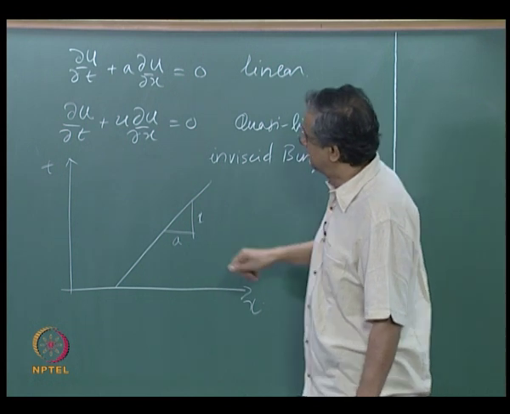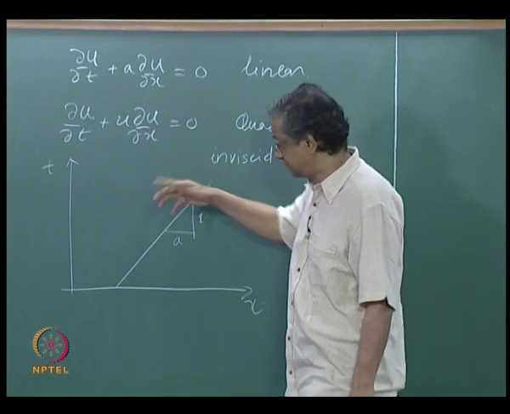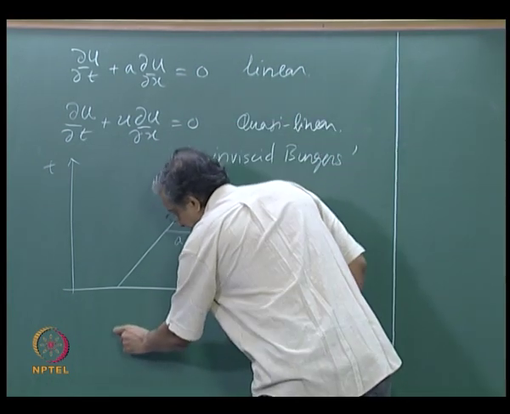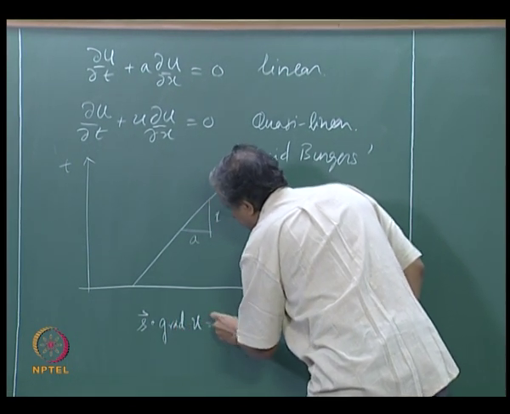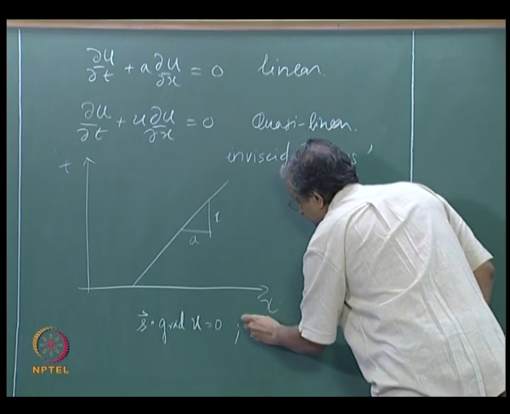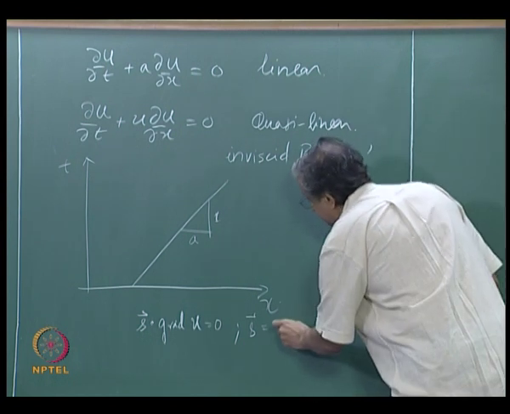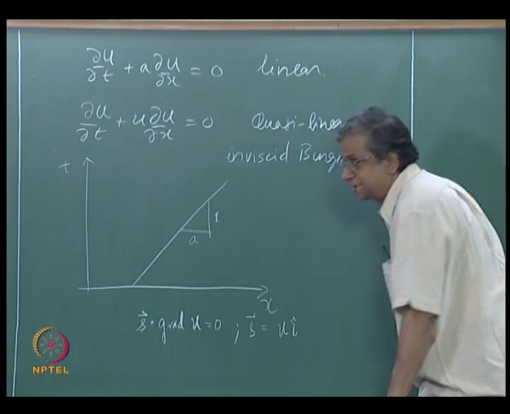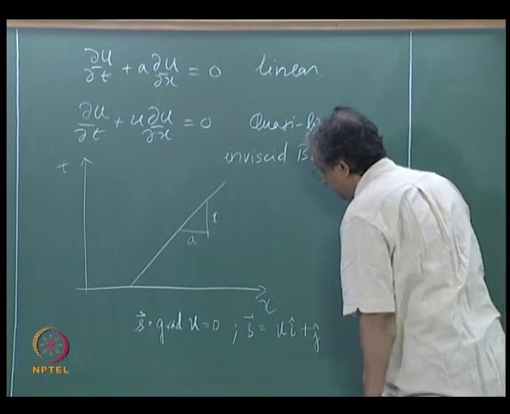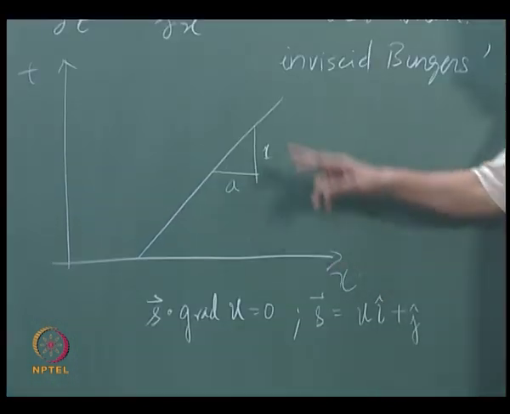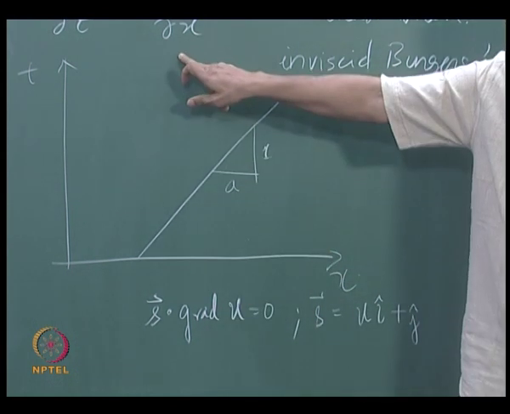So the first question is, does the argument that I used for this still hold here? That is, can I still say that s dot gradient of u equals 0, where s equals u i plus j, where i and j are unit vectors along x and t? So this notion of the directional derivative still works here.